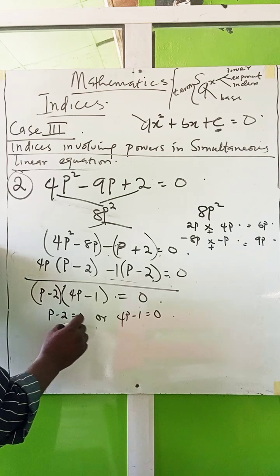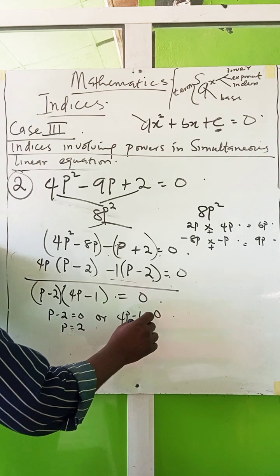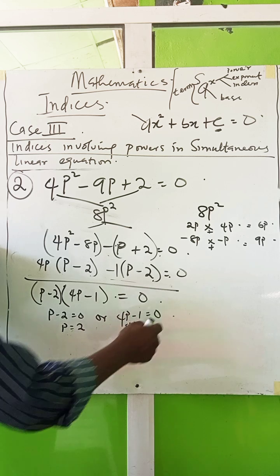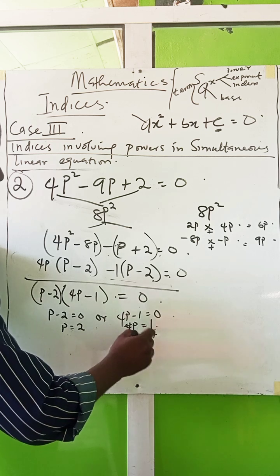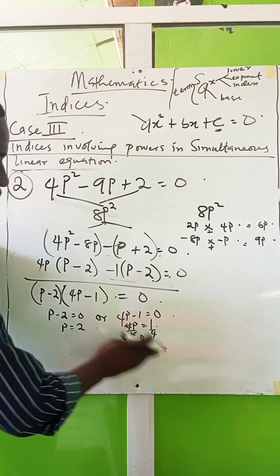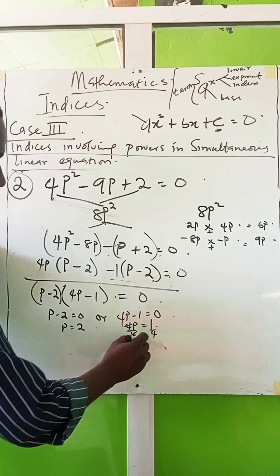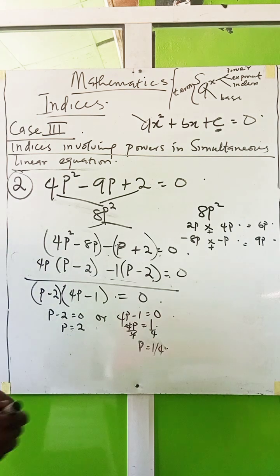P equals 2. 4p equals 1. Bring out this 1 first. Divide both sides by 4. P equals 1 over 4.